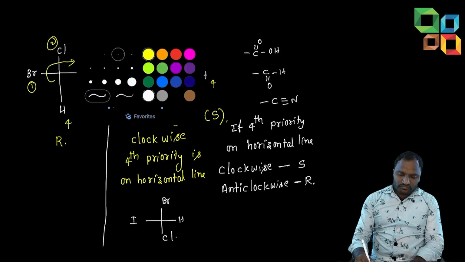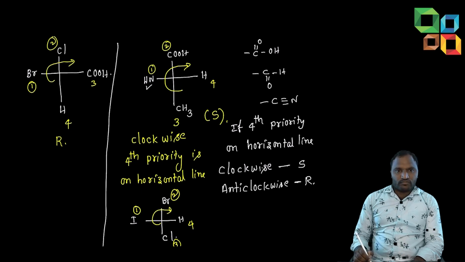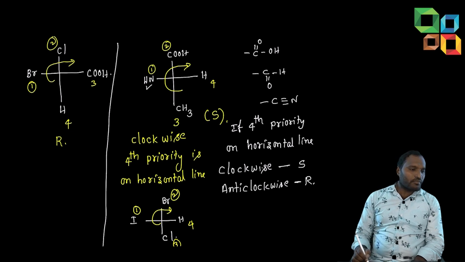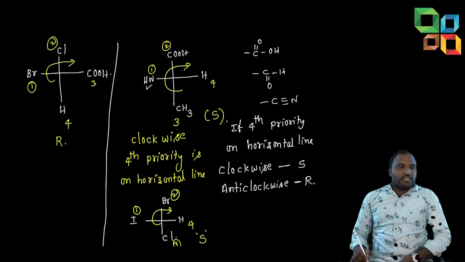This is the first one, second one, third one, fourth one. Iodine first priority, bromine second priority, chlorine third priority. Clockwise, fourth priority is on horizontal line. S is correct, students. Those who said yes, they are correct.